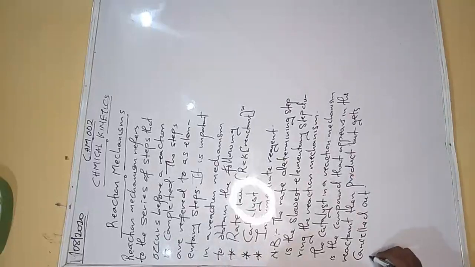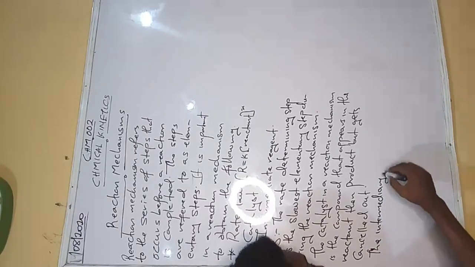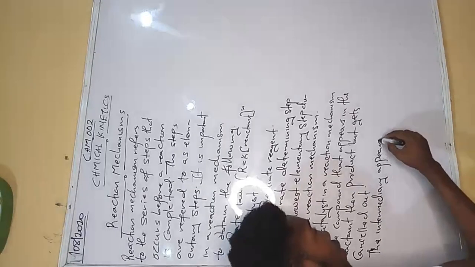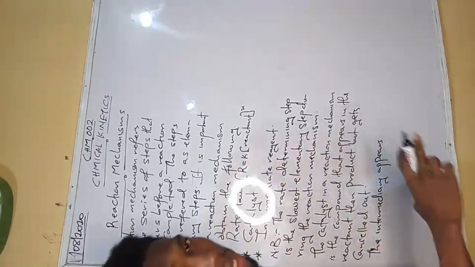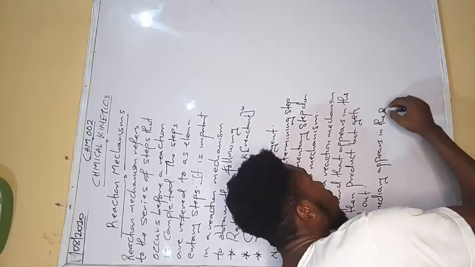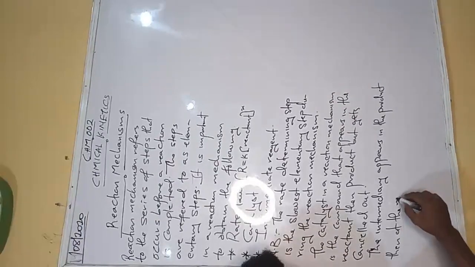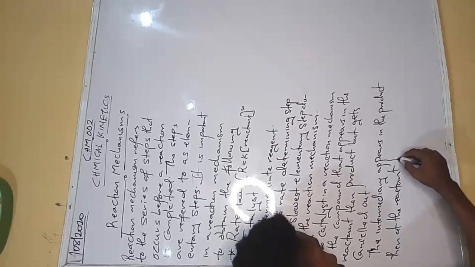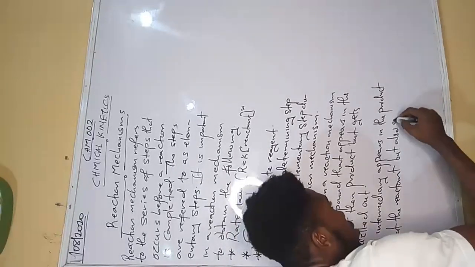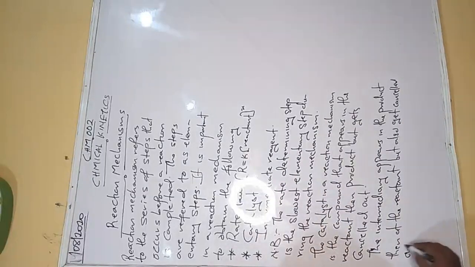While your intermediary appears first as the product, then as the reactant, but also gets cancelled out.